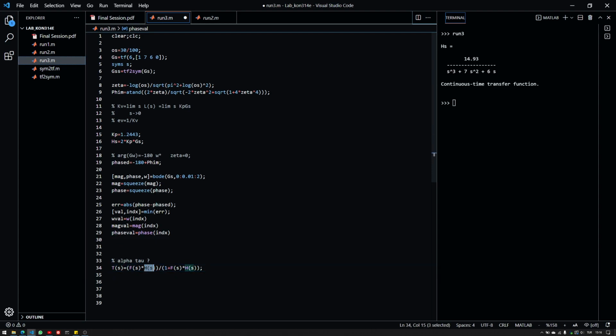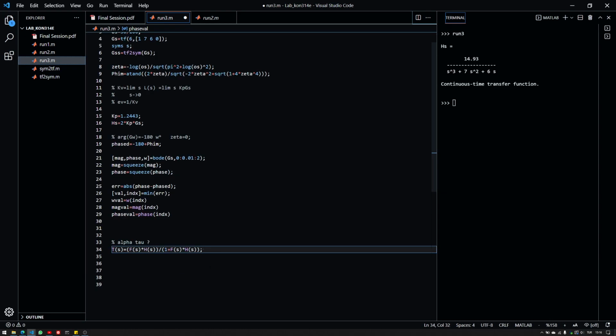Now I have modified my plant so that it meets my requirements to a certain degree, and then I have alpha and tau, which define F(s). So (tau s plus 1) divided by (alpha tau s plus 1) is F(s), and I have this one here. So you remember we were checking for F times H being equal to -1.